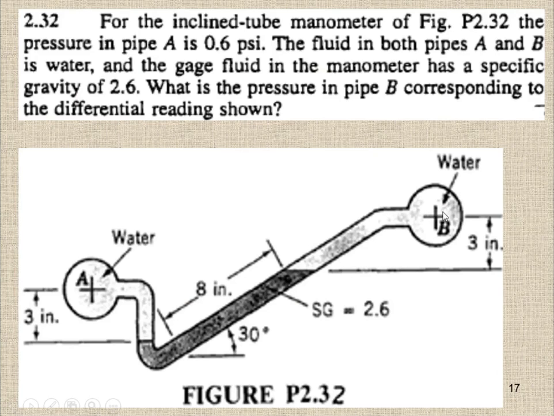So here is PB, and then what is next? We are going down. PB minus, this is the vertical height. We do not take a slant height, we will always take a vertical height. So the vertical height is 3 inches.